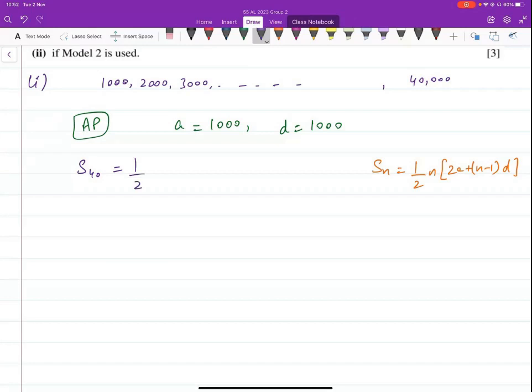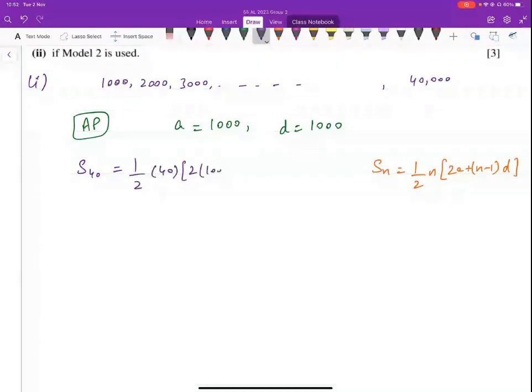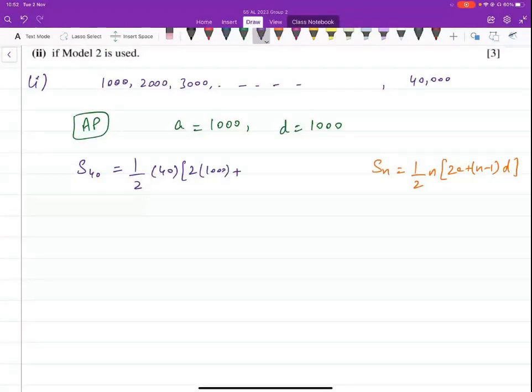S40, so that's half into 40, multiplied by 2 into 1,000, plus n minus 1, n is 40, so that's 39, into the difference is also 1,000. So that's what we've got. We simplify this, we get 20 multiplied by 2,000 plus 39,000, that's going to be 41,000. And that gives you 820,000.